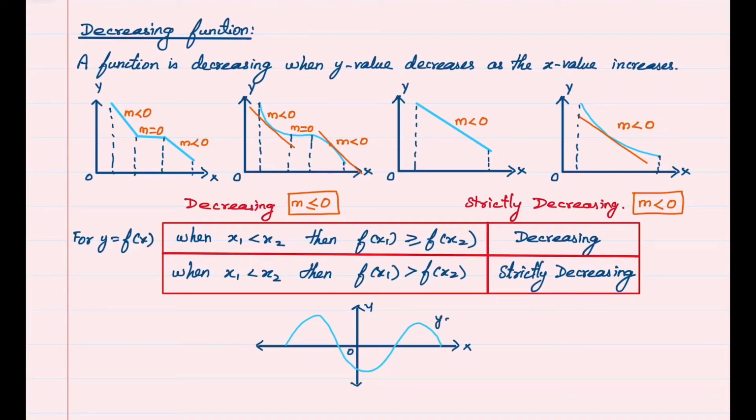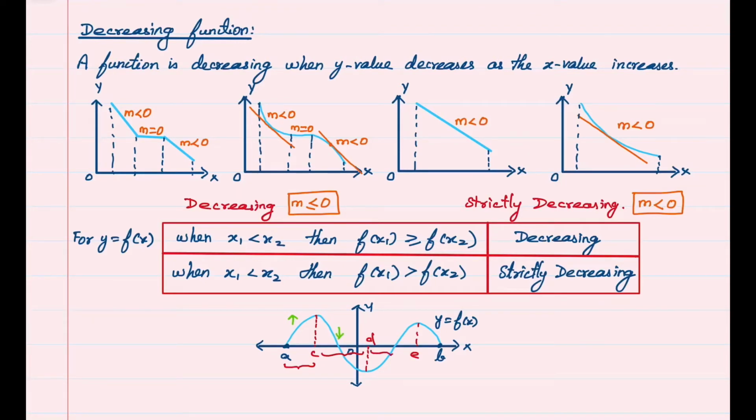Now consider this graph y is equal to f of x. So, in the given interval a to b, we say that the function is neither increasing nor decreasing. If we take intervals, let us take this as c, d, e. In the interval a to c, the function is an increasing function, and in the interval c to d, it is a decreasing function.